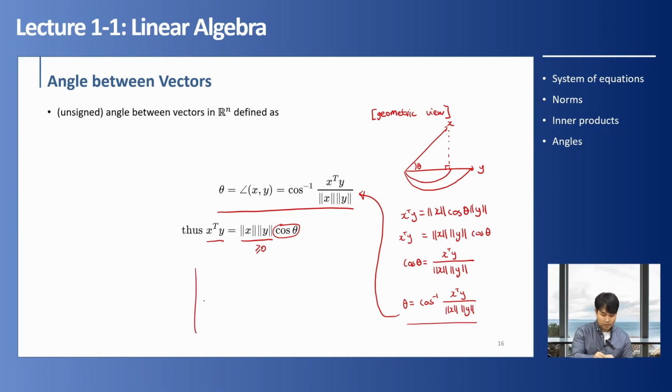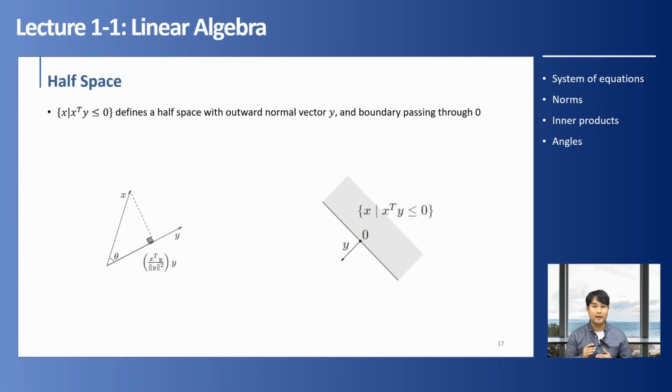If we quickly draw what a cosine plot looks like, this is cosine theta. You can see that cosine theta is 0 at 90 degrees, which corresponds to the orthogonal case.